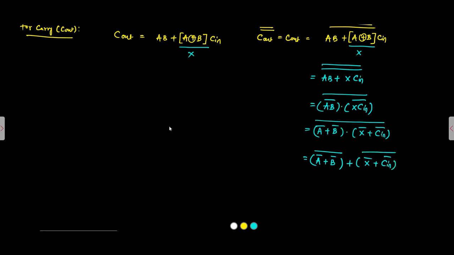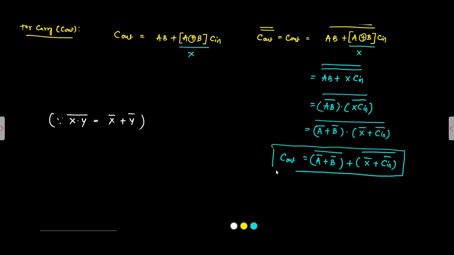So we just applied De Morgan's theorem, X and Y whole complement is X complement or Y complement, successively. So we finally have arrived at the expression of carry out, which we'll be using for implementation using NOR gates, because everything is in OR format and complement format.